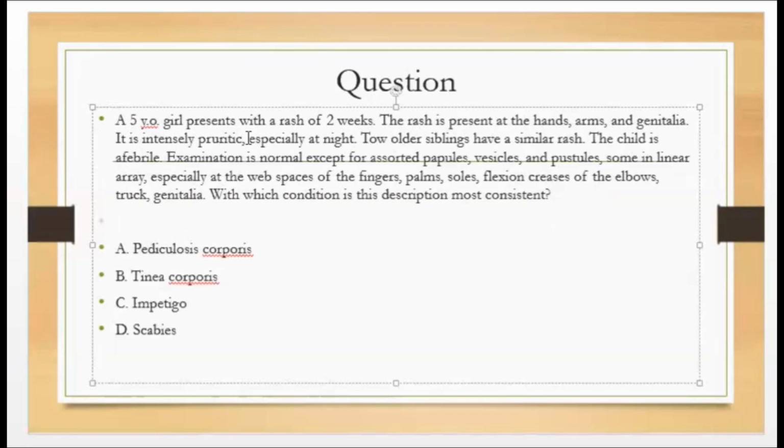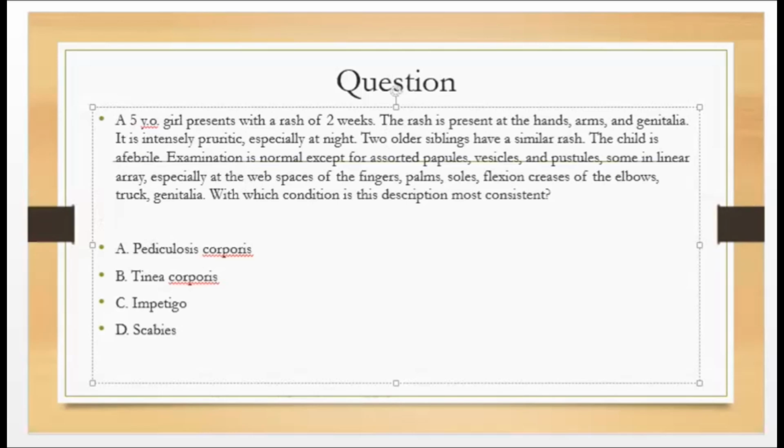That is the buzzword. Two of the older siblings have a similar rash. The child does not have fever. Examination is normal except for assorted purple vessels, some in linear array, especially at the web spaces of the fingers. So all these things they are trying to tell you, you should already know is scabies.